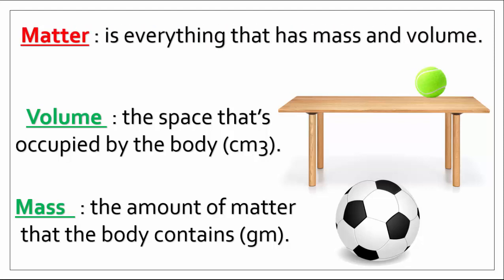Because matter is everything that has mass and volume. But teacher, what about this green ball? It's so small. Is it matter? Of course, yes. It's small, but it has small mass and small volume. And because it has mass and volume, it's matter.